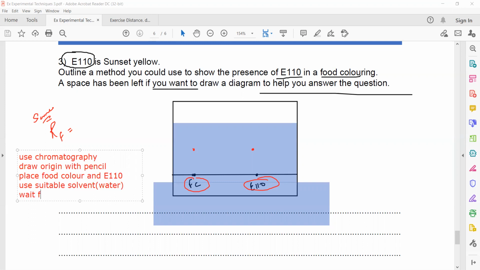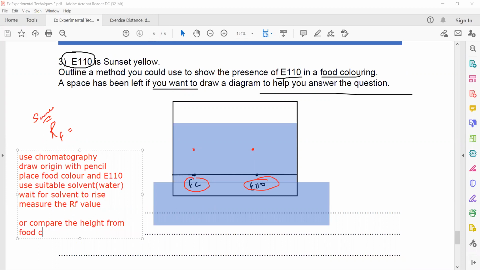Then wait for the solvent to rise. Then measure the RF value or compare the height of the spot from food color and the spot for E110.